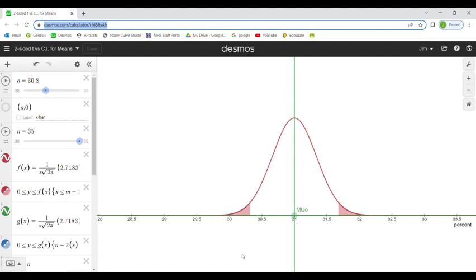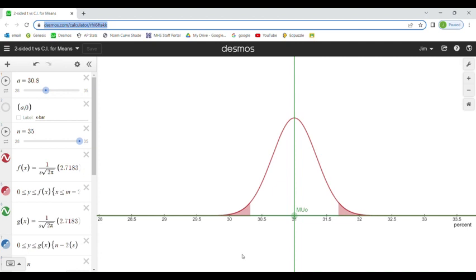This is from the pineapple example. Here we have the hypothesized mu value. So mu subscript 0 is set at 31. We've drawn a vertical line there so we can compare where that is.